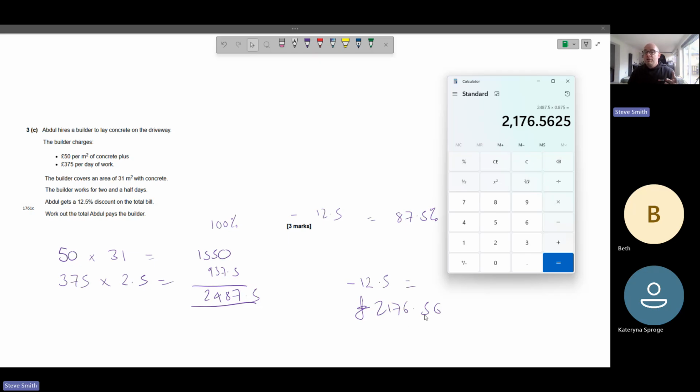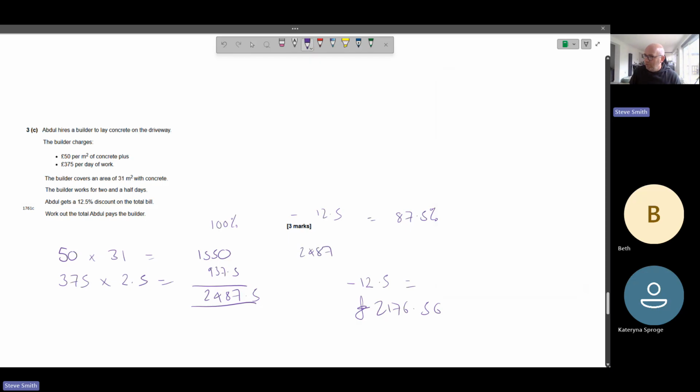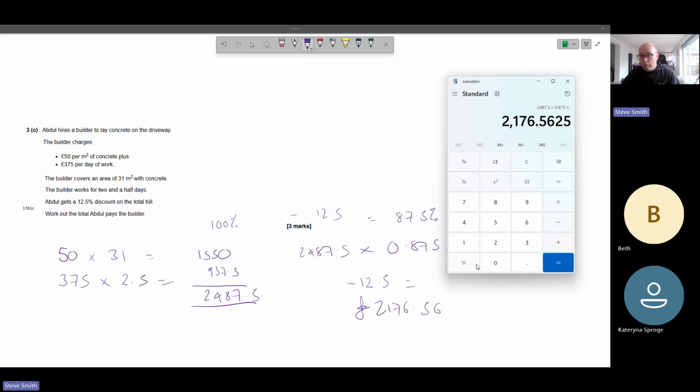So 2487.5 times 0.875 equals the same again, 2176.56. Or the longer way around, but still exactly the same and absolutely the right way to do it if it's the way you feel comfortable.